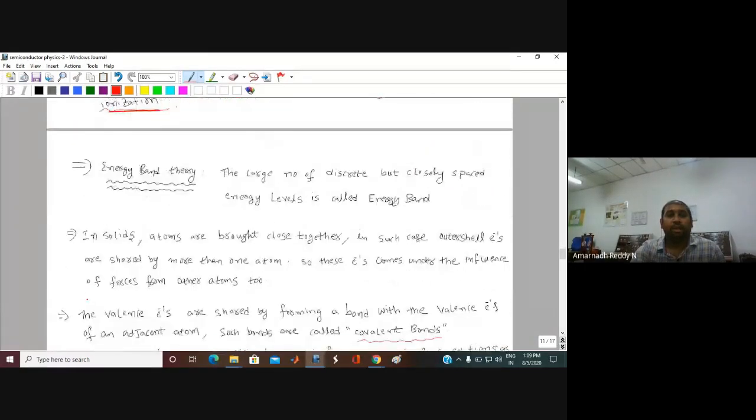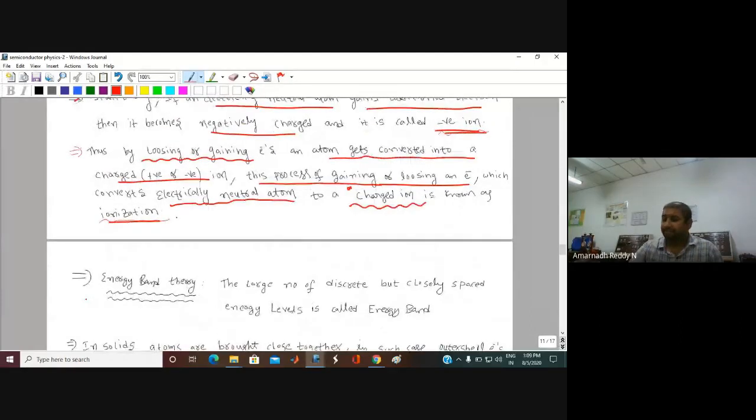So that is ionization. Now we'll see the basics of atoms and semiconductor materials, and energy band theory. What is energy band theory? I told you a band is nothing but a group of energies. Energy band theory means all the energies associated with the semiconductors.